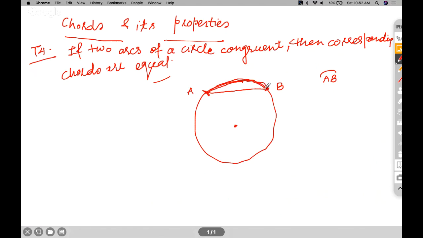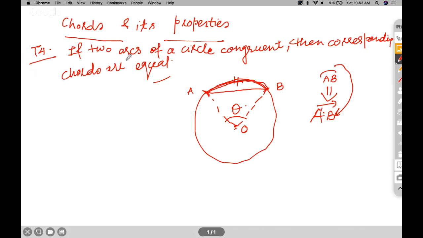Now, if I draw a line from here, arc AB is related to this chord AB, because both arc AB and chord AB would be subtending the same angle theta on the center. So if somebody is telling you that arc AB is subtending an angle theta on the center, you should know that he's also talking about the corresponding chord. So the chord of an arc would be subtending the same angle on the center.